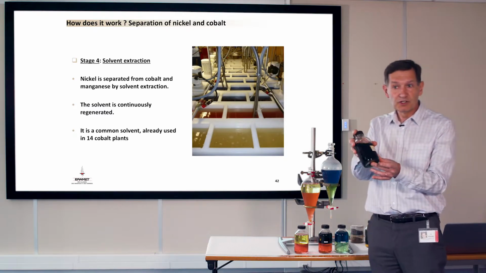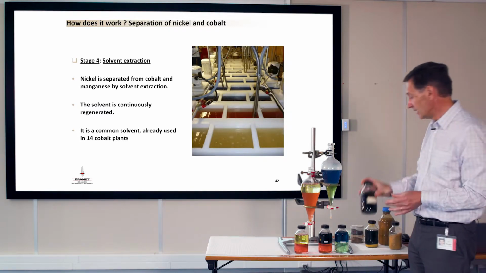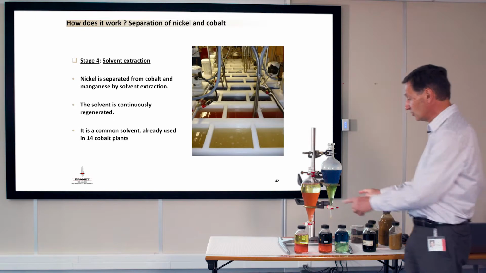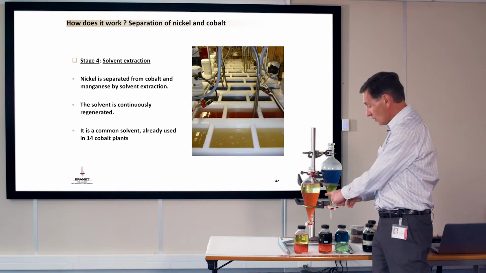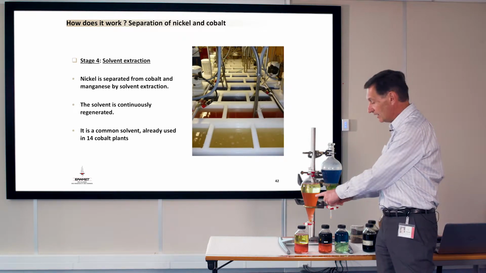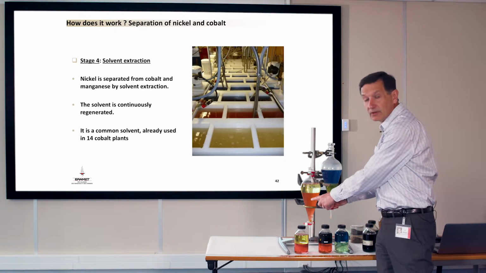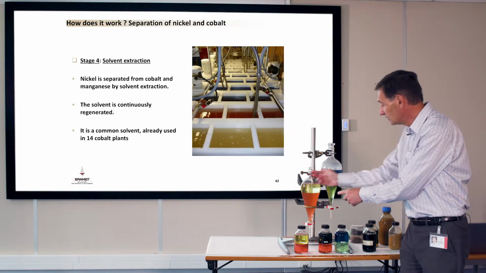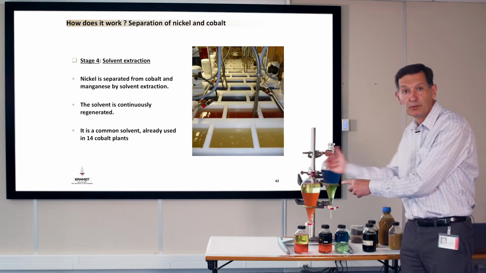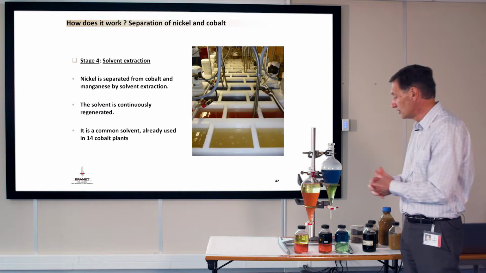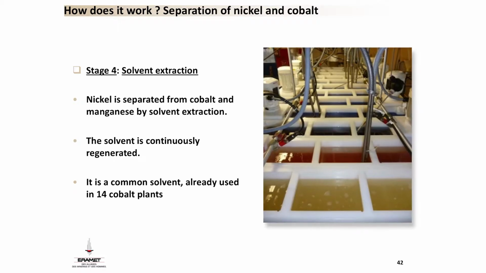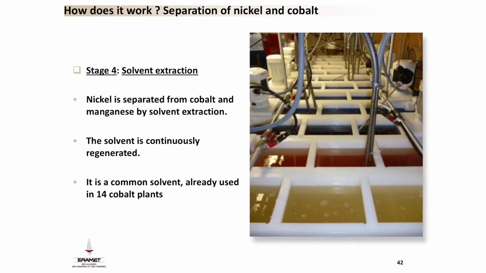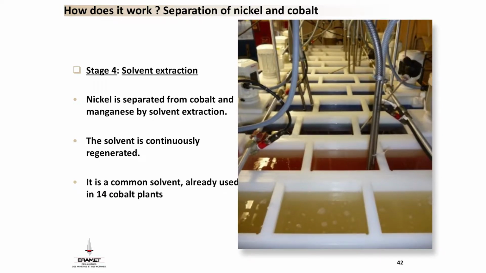With one solution containing nickel, cobalt and manganese, you obtain two different solutions, one with only the nickel and the other one with the cobalt and manganese. The solvent used for that is continuously regenerated and reused in a specific device called a mixer settler. On this picture you see a mixer settler at pilot scale with different parts.